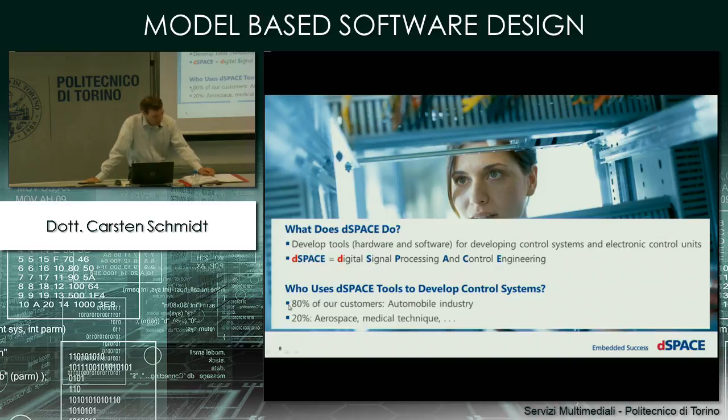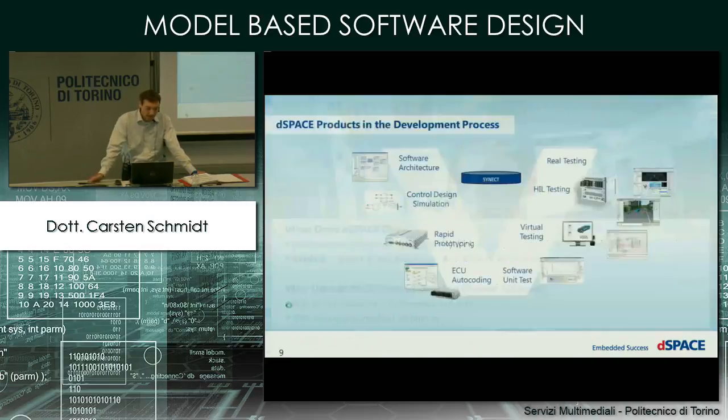Okay, so let's go a little bit into the products. I think it could be interesting for you to have an overview about the products of DSpace before we really go into the topic of virtual validation. And for that purpose, I have this image of a V-cycle here. I think you discussed this development model, the V-cycle, in this lecture here.